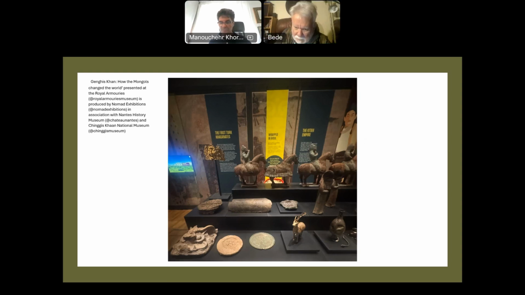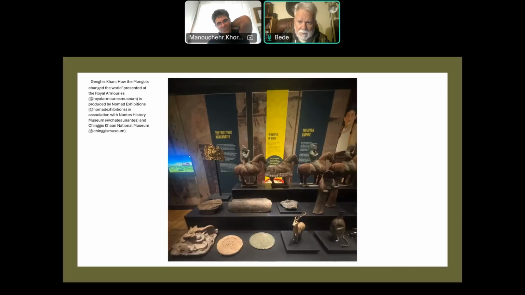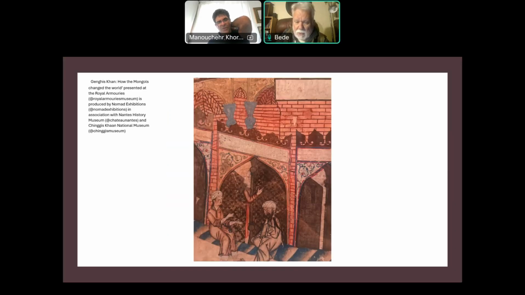this is pre-Mongol, because the things at the back say first Turk Kaganates, so there were the two Göktürk empires, one after the other. And you've got the Khitan, who were a cousin language to Mongolian. It wasn't Mongolian, but it was more closely related to Mongolian than other things. And they were kicked out of North China by the Jin, who were Jurchen, who were related to the later Manchus.